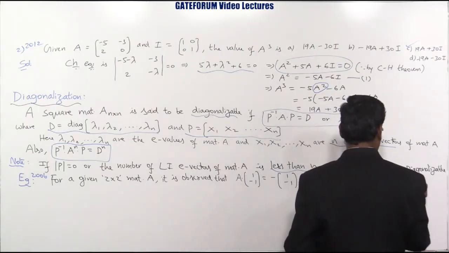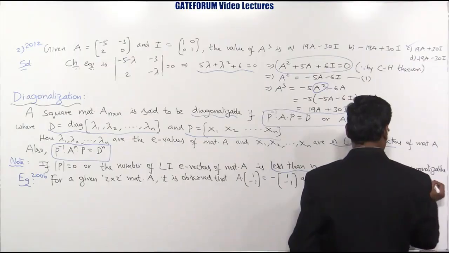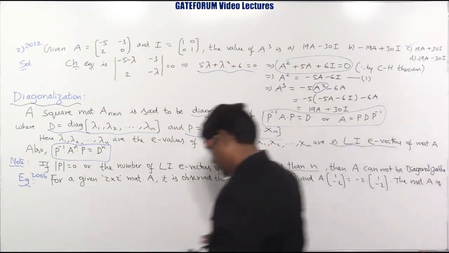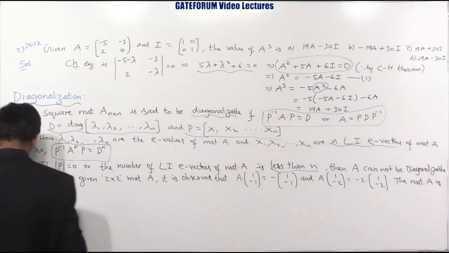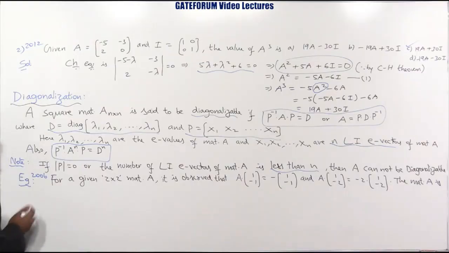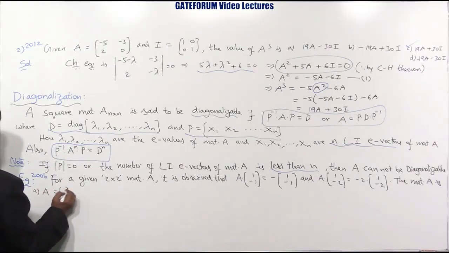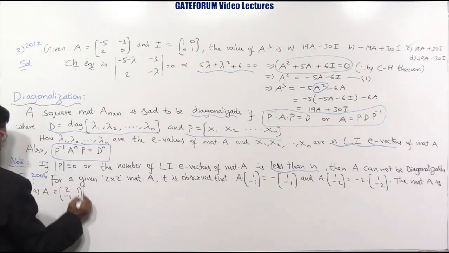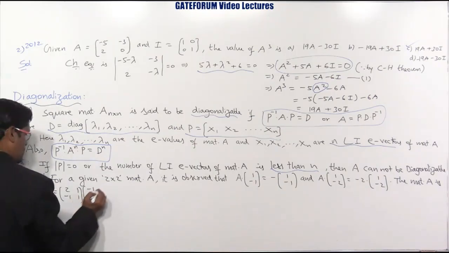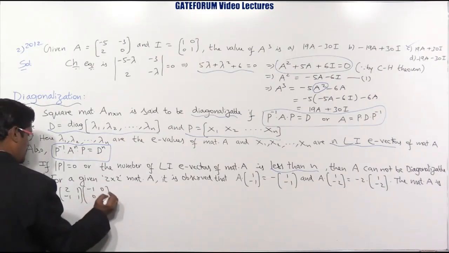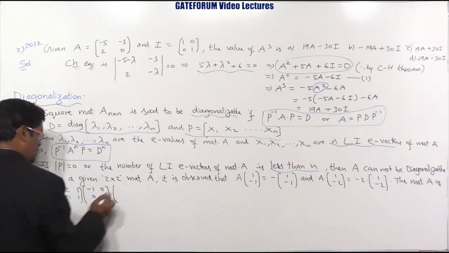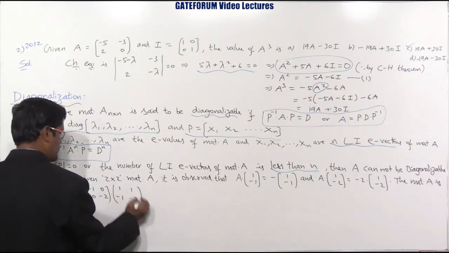Then matrix A is: option A, A is equal to (2 1; minus 1 1) into (minus 1 0; 0 minus 2) into (1 1; minus 1 minus 2).